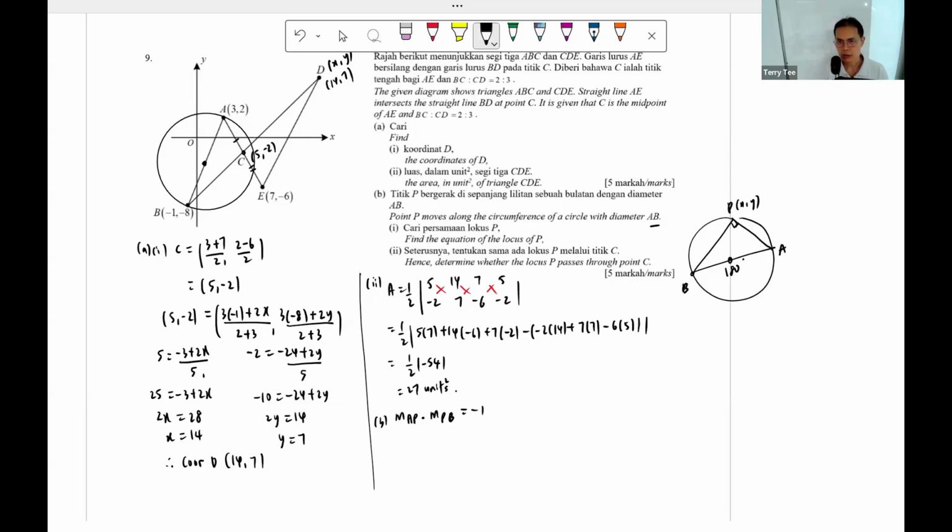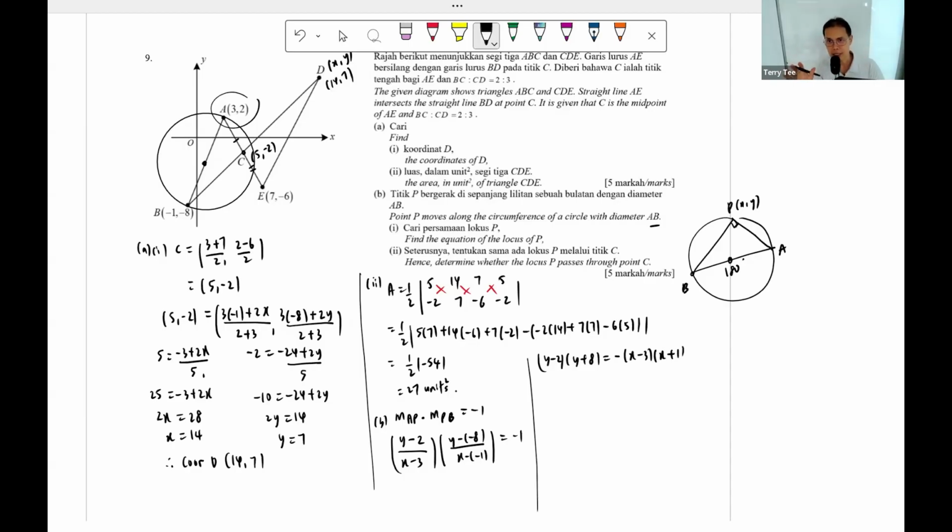So your P is a moving point (x, y), so use y minus y1, your y1 is 2. I'm using this coordinate, point A, x minus x1. PB will be y minus minus 8 over x minus minus 1. The result is -1. So let me simplify this. (y minus 2)(y plus 8) equals negative (x minus 3)(x plus 1).